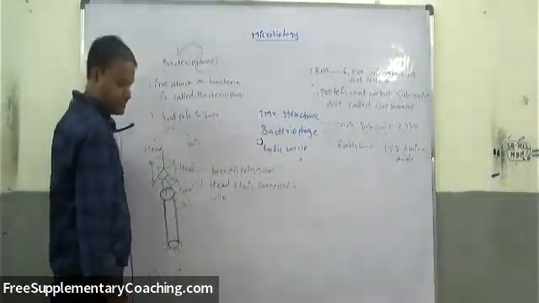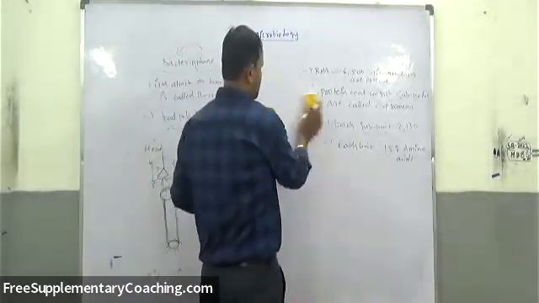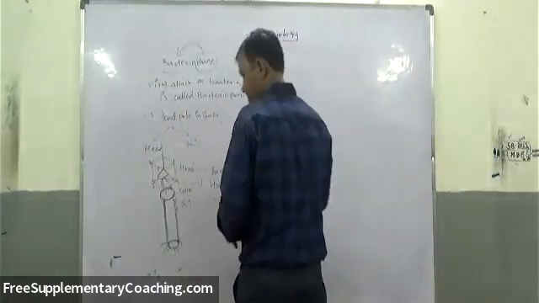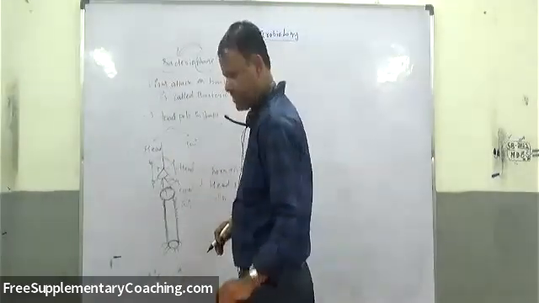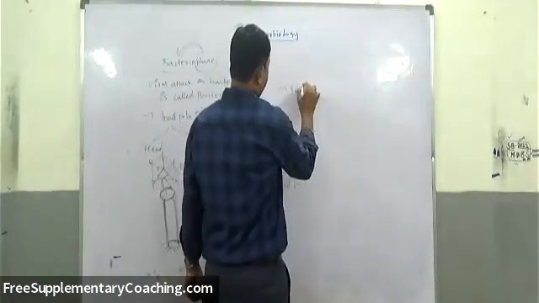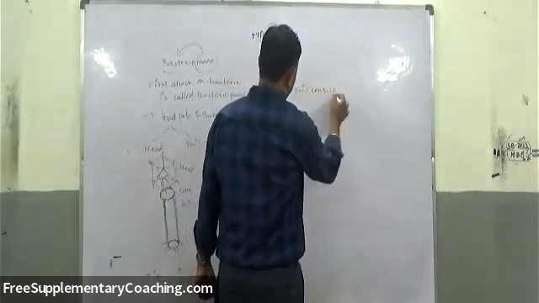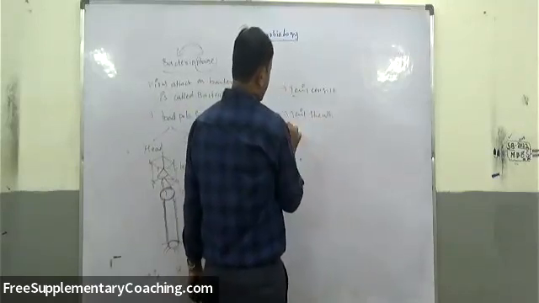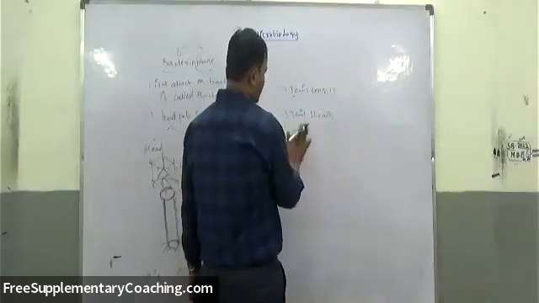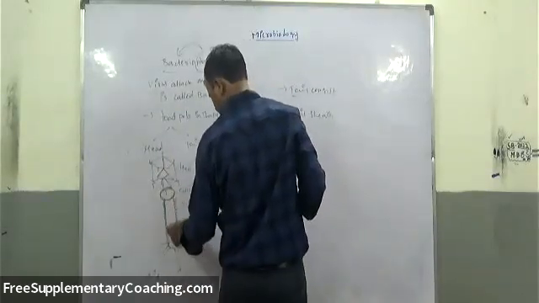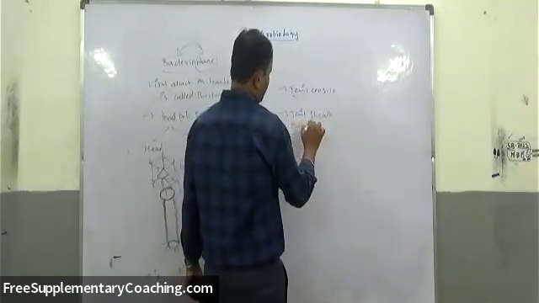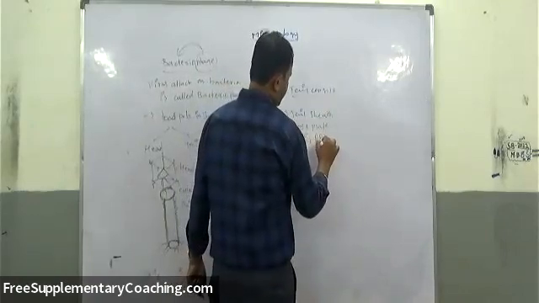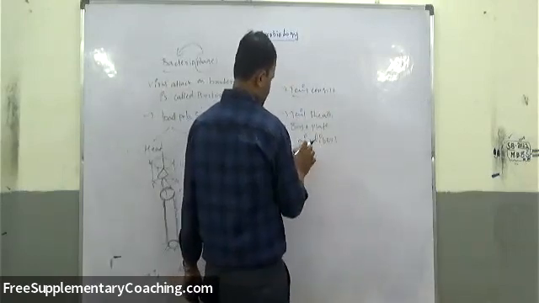The tail consists of the tail sheath, then the base plate, and then tail fibers, and then tail pins.